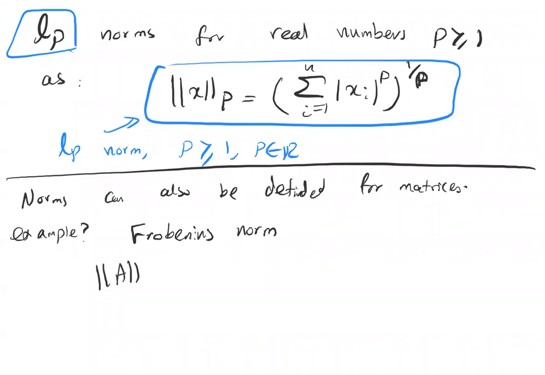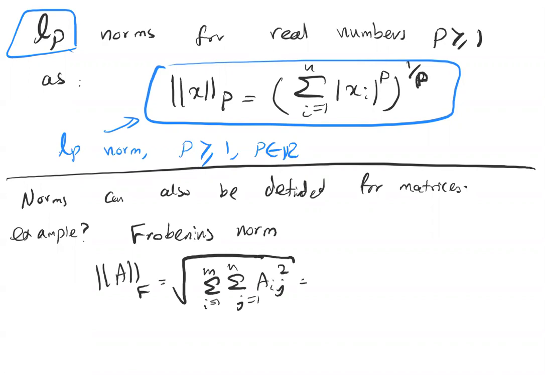Let's say you have matrix A. The Frobenius norm is the square root of sigma i from 1 to m, sigma j from 1 to n, a sub ij squared, which can also be shown as the square root of trace of A transpose A. So there are many other norms. When we move forward, if we need to define new norms, I'm going to discuss them. But at this point, this is all you need to know about norms for vectors and matrices.